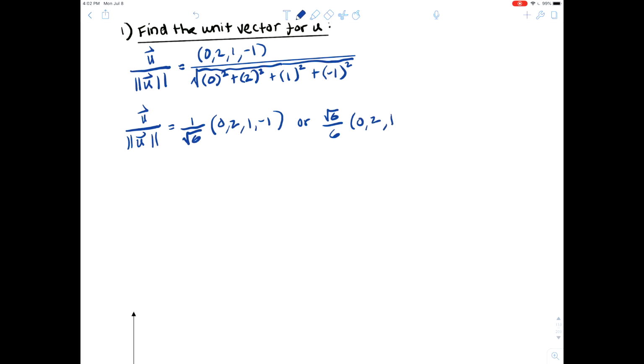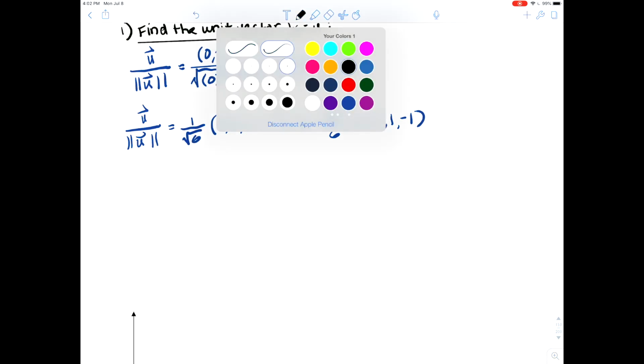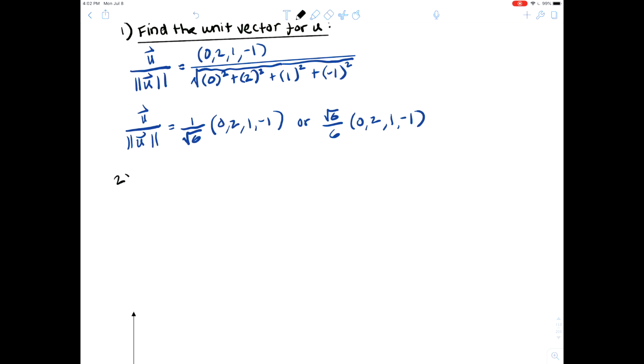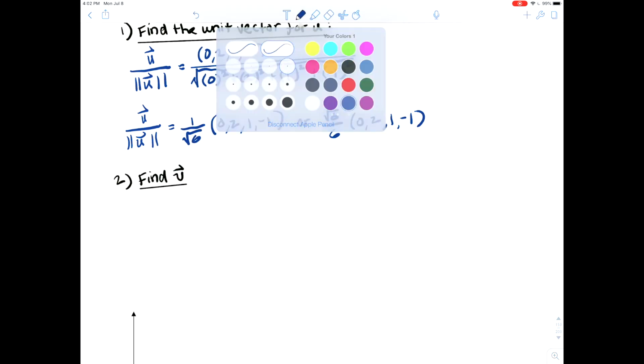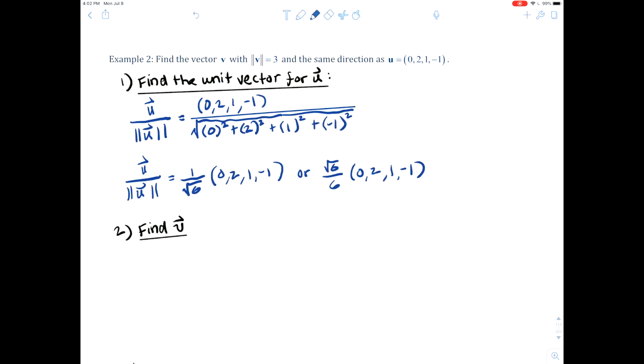But don't get too happy with this response, because what do we have to do? We have to find v now, and we find v by doing what? Beautiful. We wanted v to have a magnitude of 3, and so we would multiply our result from the last one.